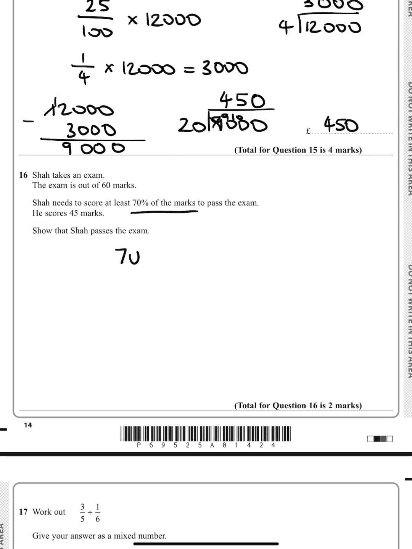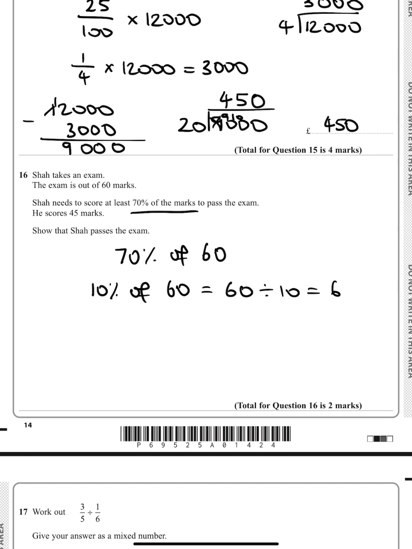So we need to work out 70% of 60, okay? The first thing that we can do is work out 10% of 60, because we know that to find 10% of any number, we divide by 10. So 10% of 60 would be 6, because 60 divided by 10 is 6.